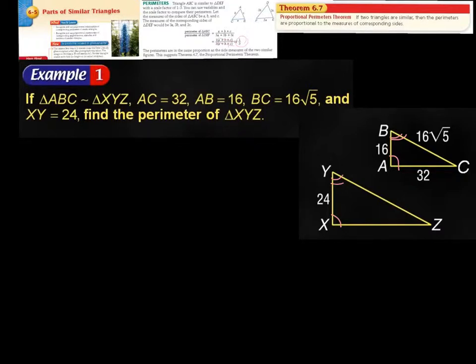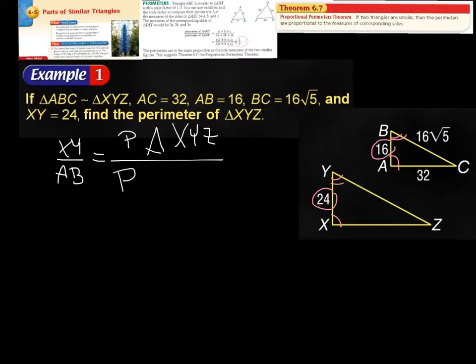So my corresponding parts they gave us were the 24 and the 16, and they gave us all the parts for the smaller triangle ABC, so we can find its perimeter. So we have XY is to AB as, I'm just going to use P for perimeter, the perimeter of triangle XYZ is to the perimeter of triangle ABC.